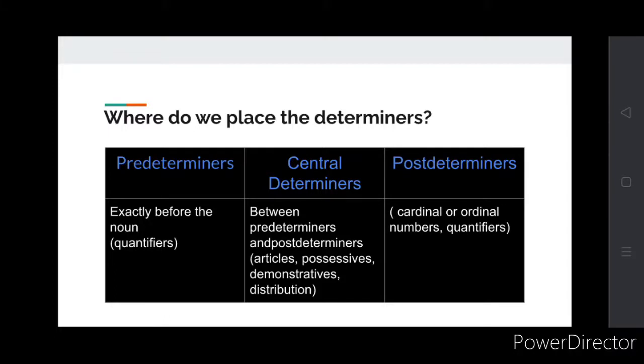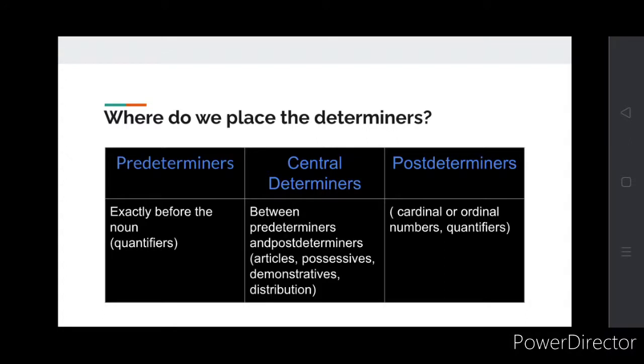So for example, Manish finished off half the ice cream. Now the is the central determiner. The is again a determiner, but half is also a determiner. It is a quantifier. So it is a predeterminer because after that there is one more determiner and then there is a noun.